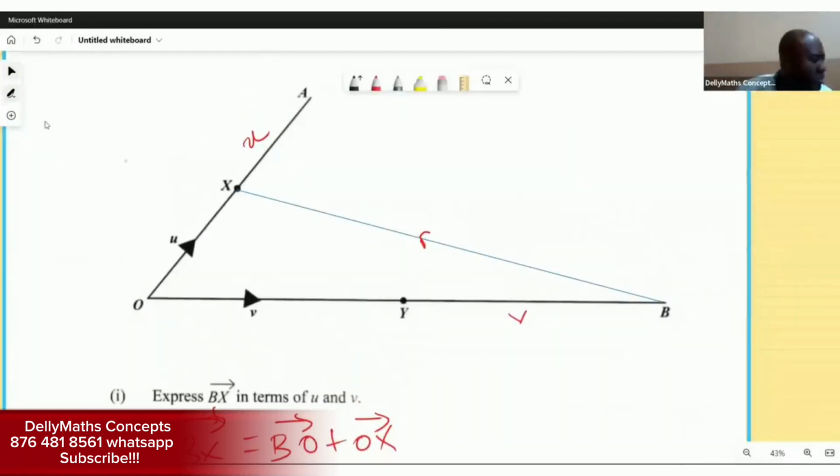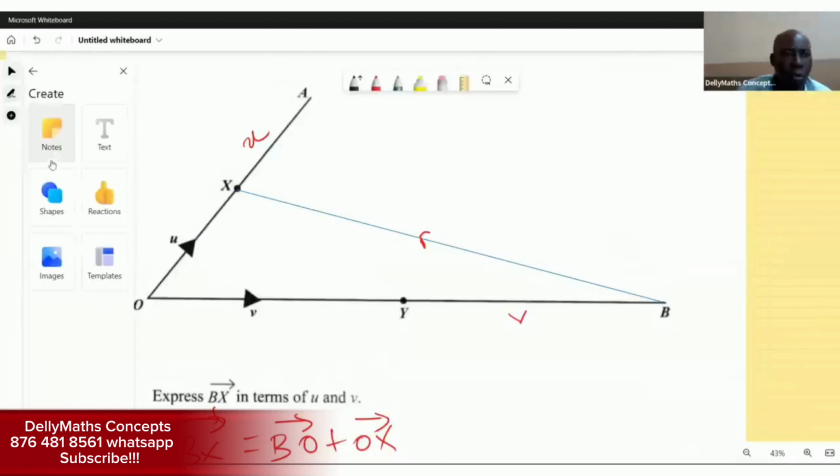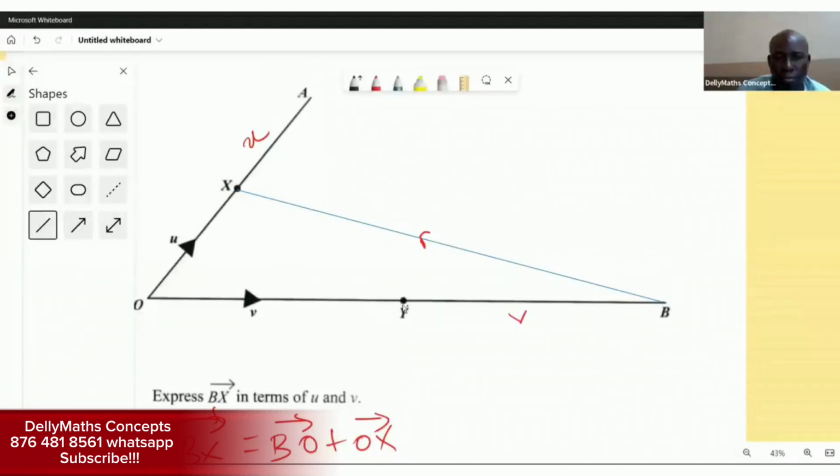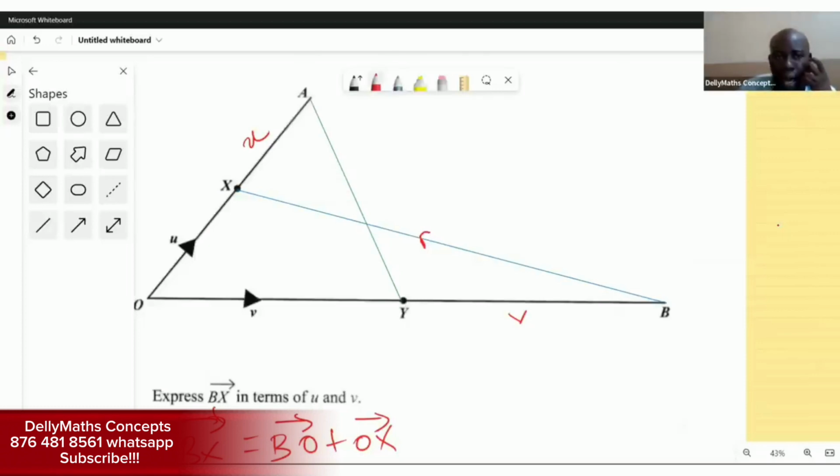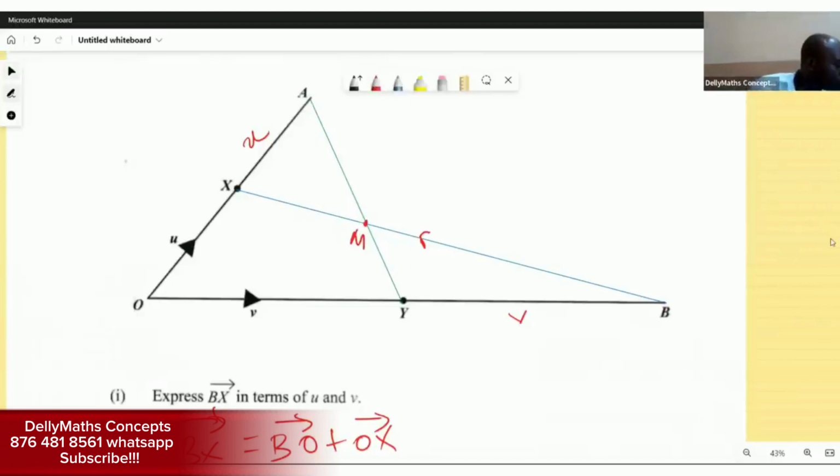They're saying to us here that YA intersects BX at M. And when it happened, we're told that BM is equal to 2MX.